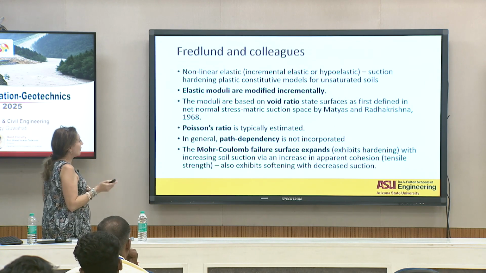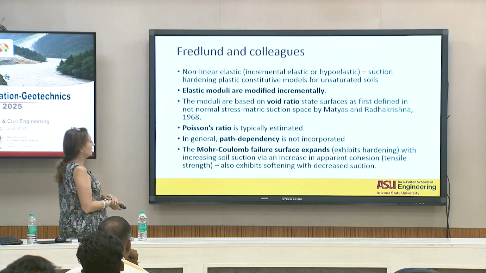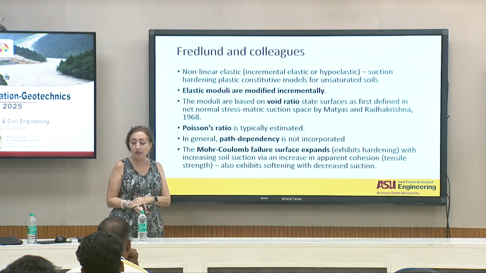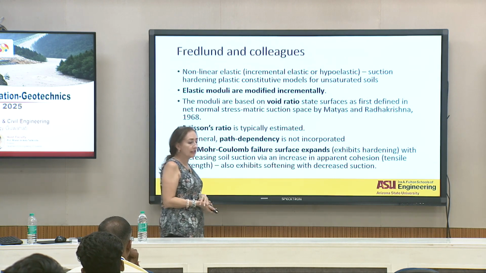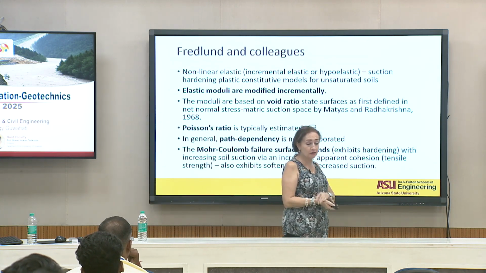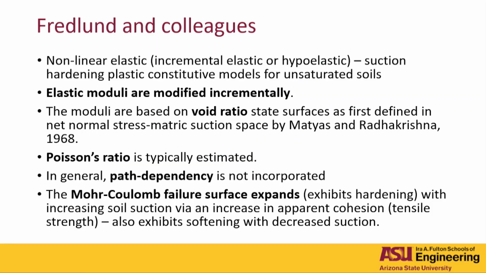So elastic models are modified incrementally. That's what they do. And the moduli are based on the void ratio state surfaces, basically as first defined by Matyas and Radhakrishna in the 1960s. Poisson's ratio is typically estimated. You can certainly measure that if you have the means of doing that.